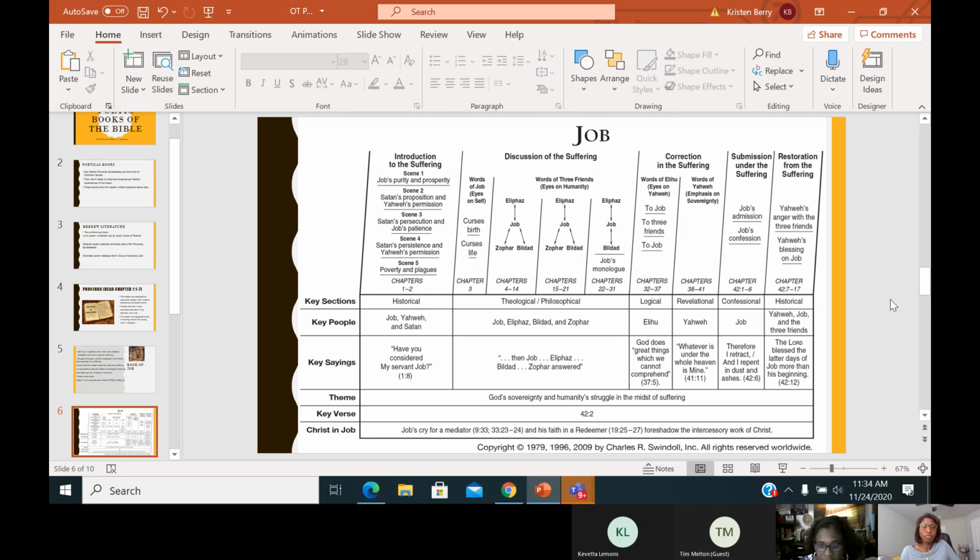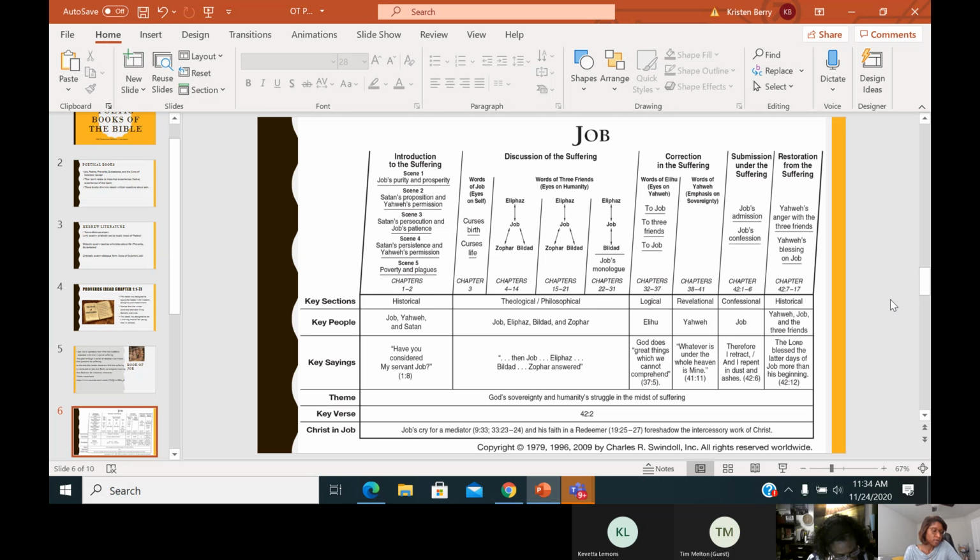So in the book of Job, if you get a chance, Opal, and those people who are watching, I want you to go to your Bible, and there's something interesting I want you to see. Now, in my Bible, in the beginning, it gives me a little overview of the book.